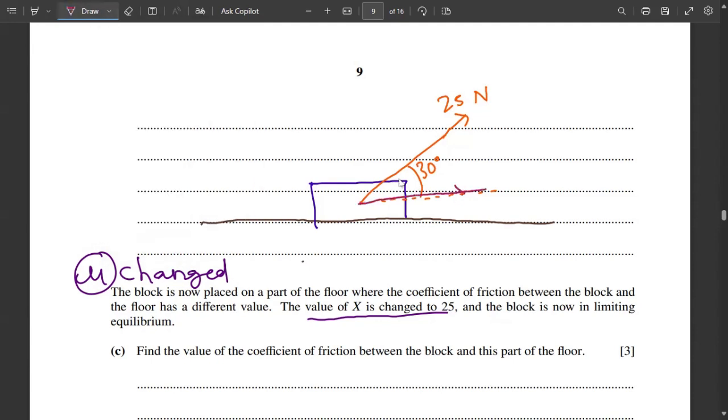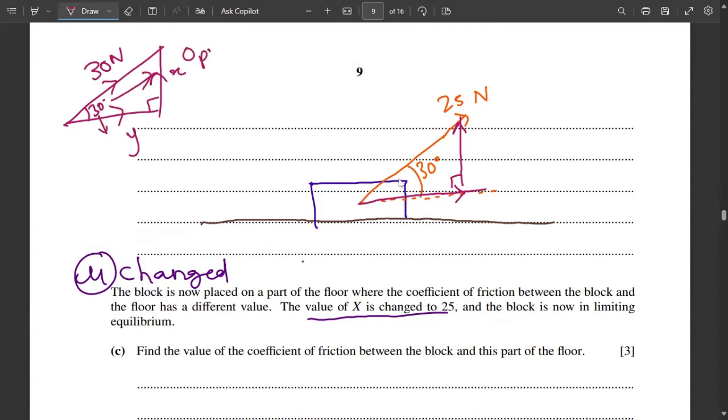So this is one force, this is one force, this is 90 degrees. Let us redraw the diagram. One goes to the right, one goes up, and this main force is 30 Newton, with 90 degrees and 30 degrees. This is x, this is y, this is opposite, this is adjacent. Sine 30 is equal to x upon 30 Newton. Oh, not 30, my bad, this is 25.